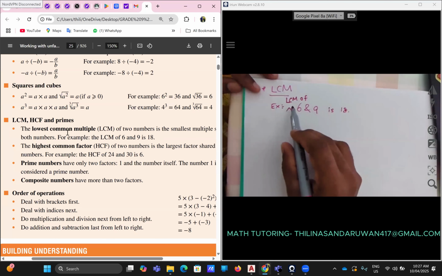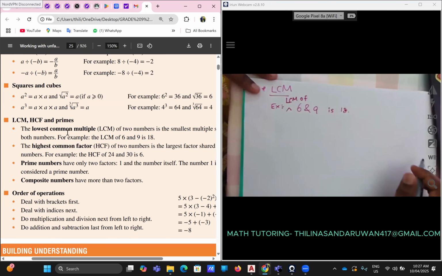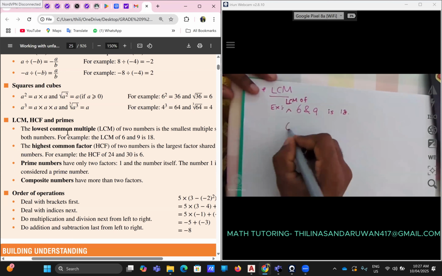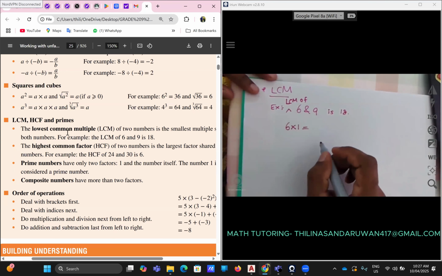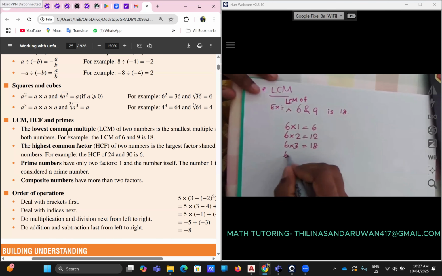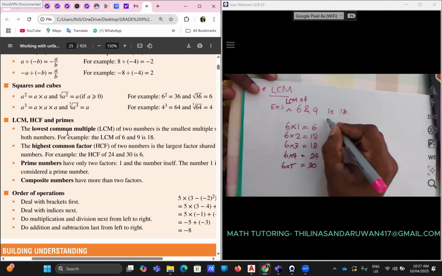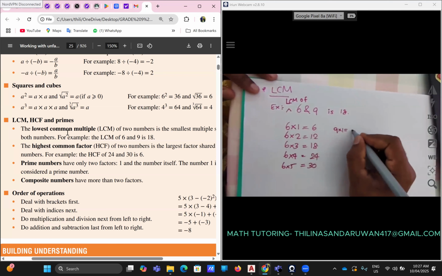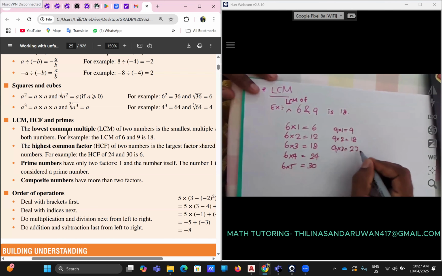The lowest common multiple, which means, let's say, we multiply 6 by 1 is 6, 6 by 2 is 12, 6 by 3 is 18, 6 by 4 is 24, 6 by 5 is 30. Okay, let's do the same thing for 9. 9 by 2 is 18, 9 by 3 is 27, 9 by 4 is 36, 9 by 5 is 45.